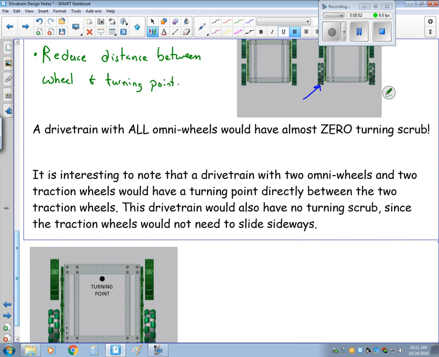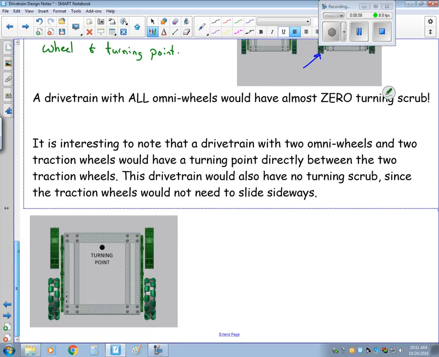Now, a drivetrain with all omnidirectional wheels would have 0 turning scrub, so that's something to keep in mind. Now, something that might be interesting to note is that if I have a drivetrain with both high traction and omni wheels on it, the turning point is going to be directly between the 2 high traction wheels.